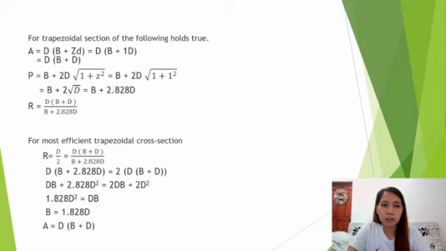We just need to substitute, and from there we can get the equation for R, which is R equals D times (B plus D) over (B plus 2√2 D).